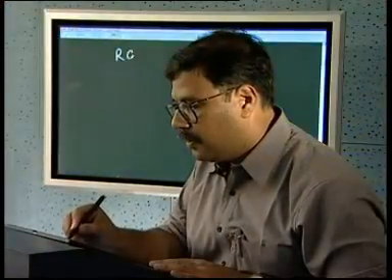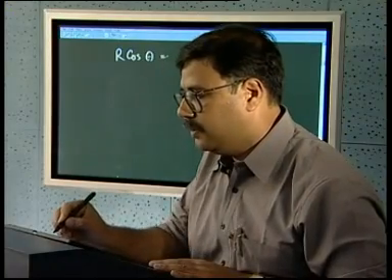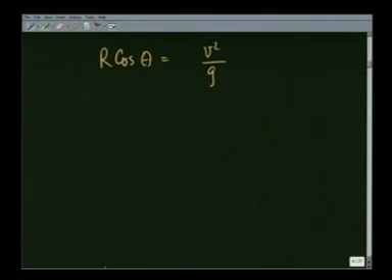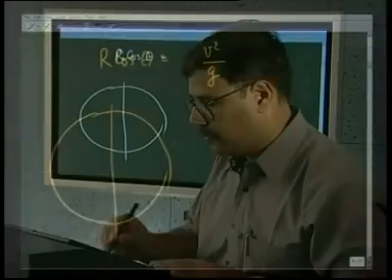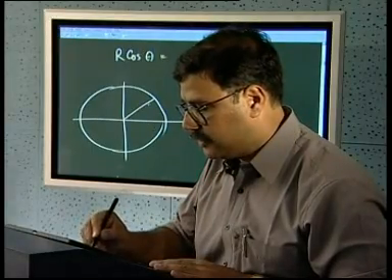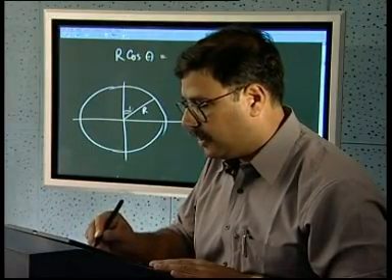So, we have r cosine theta equals v square over g, and if I look at this problem again, I have this r, this is theta.